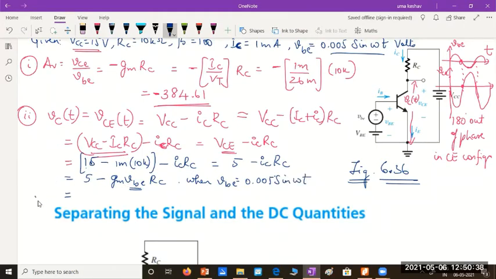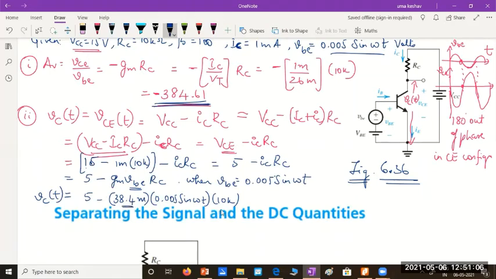So what is this VC of t you're supposed to find? VC of t will be 5 minus GM, we got it as 38.4 milli. VBE is 0.005 sin omega t. RC is 10K. So the GM RC value we already know is minus 384.61.